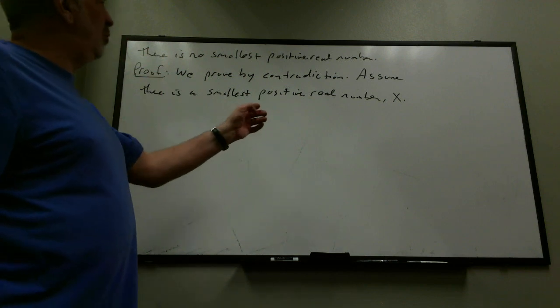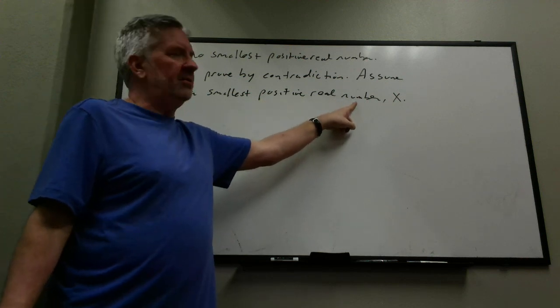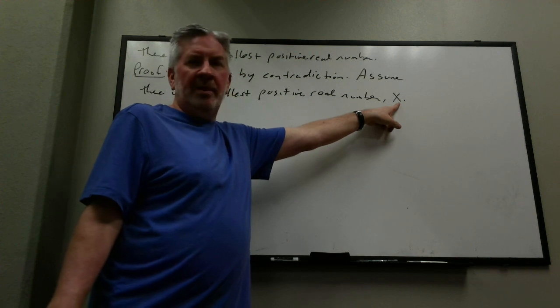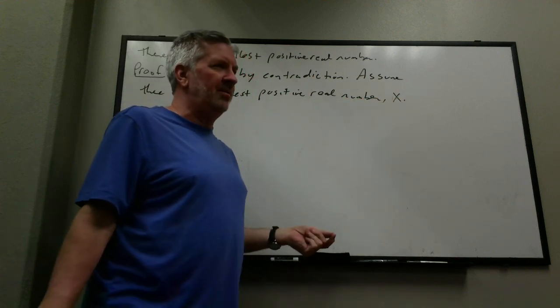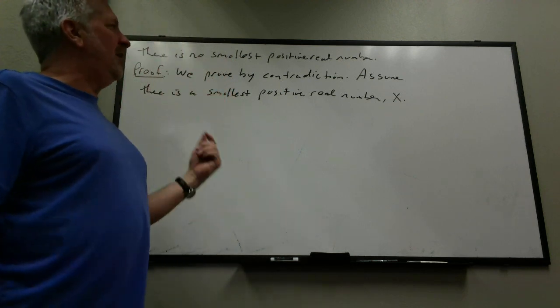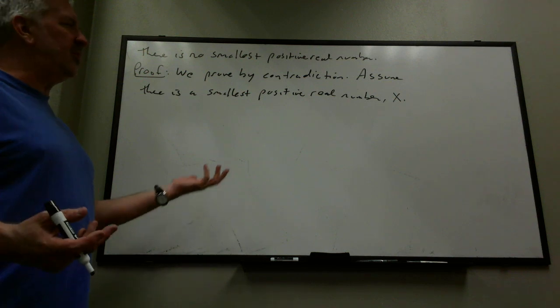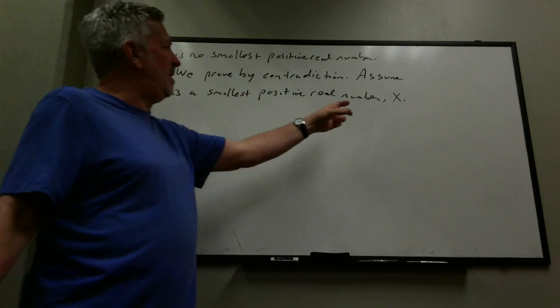Well, if we could create another positive real number that's smaller than this one, that would be a problem, wouldn't it? We just said this X is the smallest positive real number. If we could find another positive real number that's smaller than that X, we have a problem because we said this was the smallest.